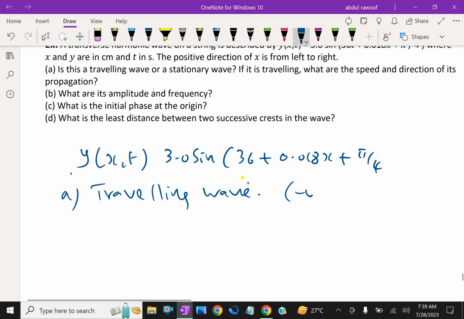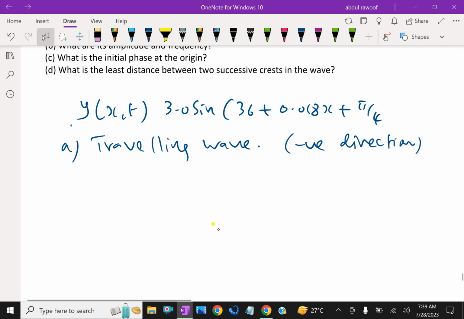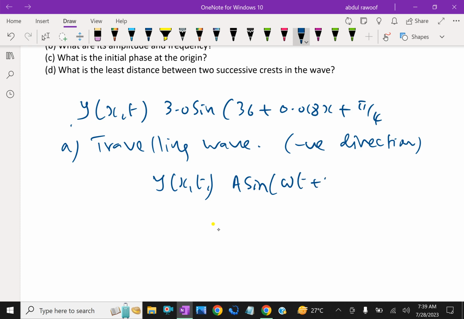From right to left it travels, along the minus direction of x, because it is an equation of the type traveling wave equation, y of x,t equal A sine in general form, A sine (omega t plus kx plus phi).